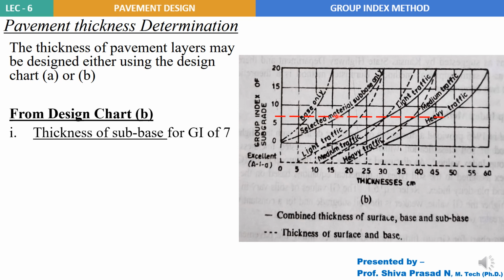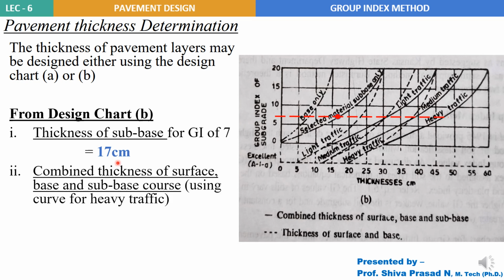I'll mark that point, and vertically if I come down from that point, I'll end up somewhere in between 15 and 20, that is the thickness in centimeter required. So if I draw a vertical line down that marked point, I'll get 17 centimeter. So that's the thickness of sub base for group index of 7, equal to 17 centimeter.